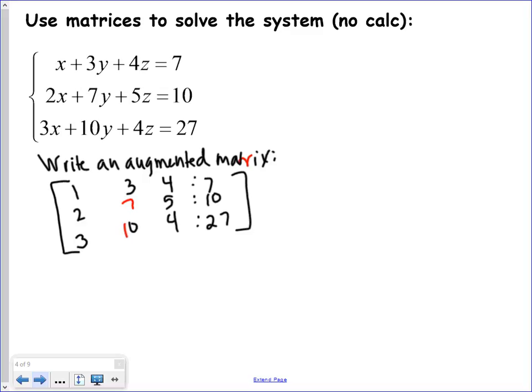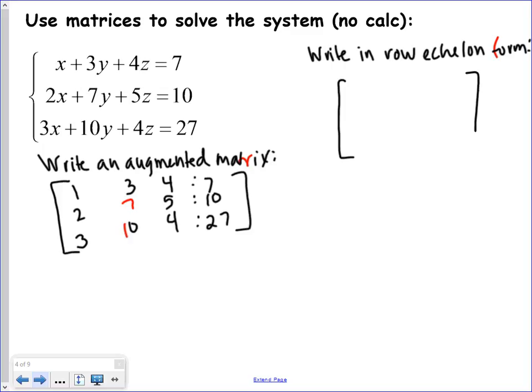Okay, after you write the augmented matrix, write it in row echelon form. So now you're doing all the work you did in the previous problem. You have some insight into how I think about a problem. Are any of your rows good to go? Row 1. What row are we going to focus on next? The second row.